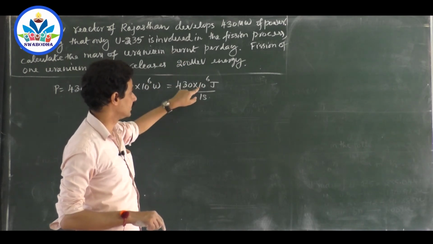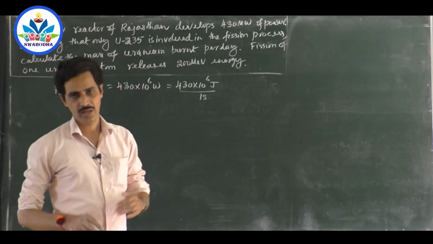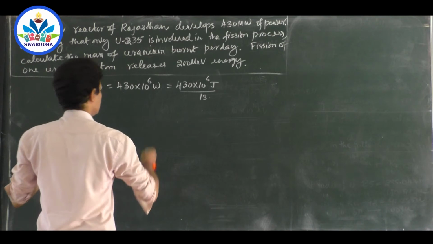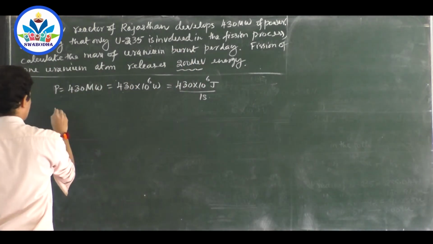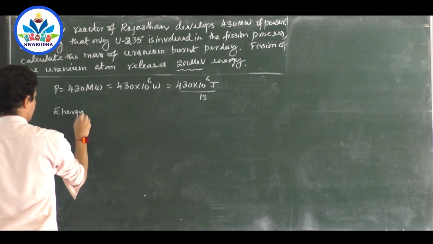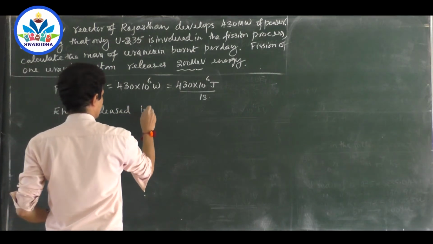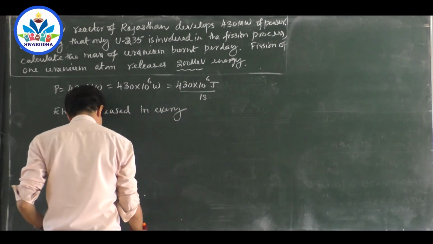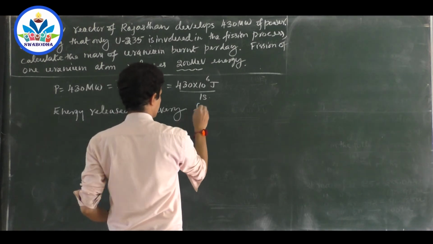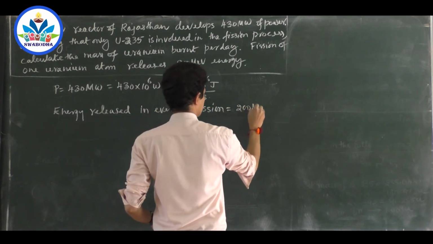If you want to compare it, both should be on the same scale. This is in electron volt, this is in joules. So convert both of them to the same scale, either joules or electron volt. I will convert this to joules. Energy released in every fission is equal to 200 million electron volt.